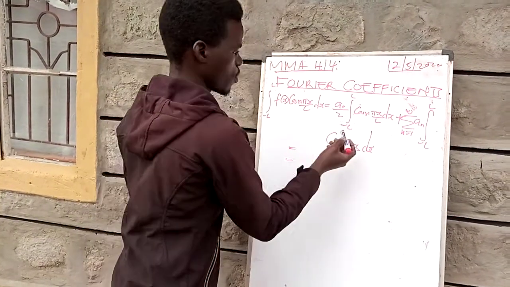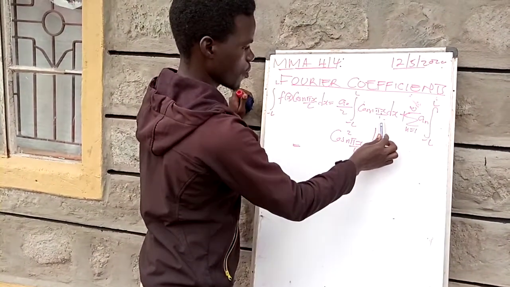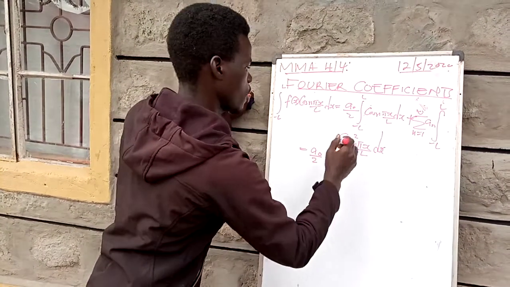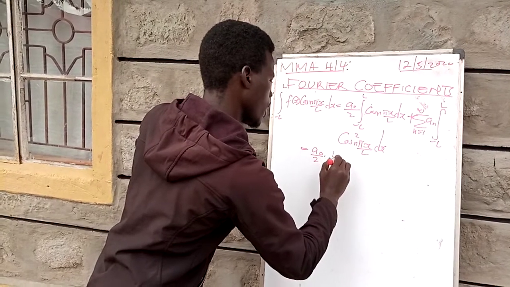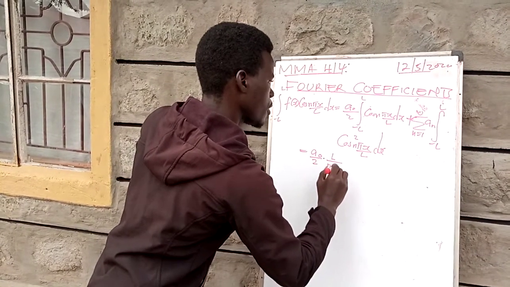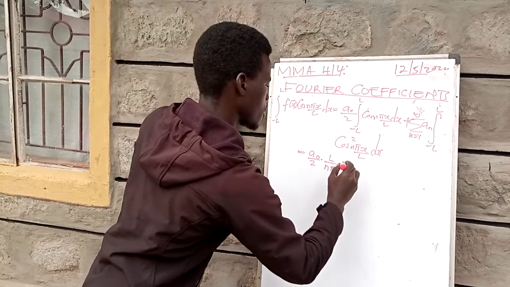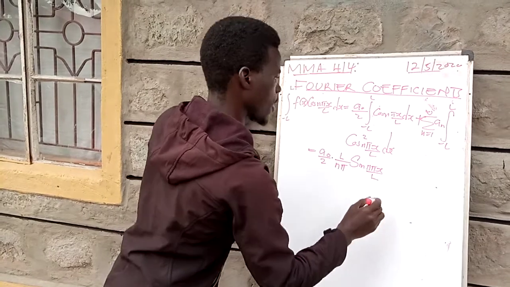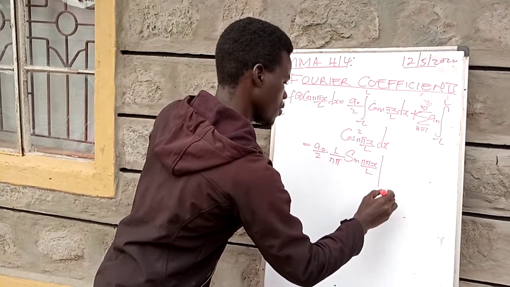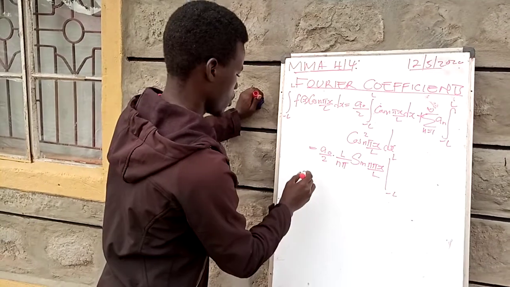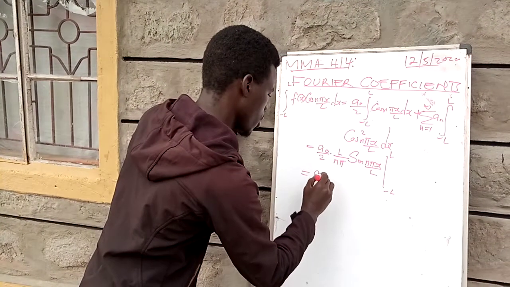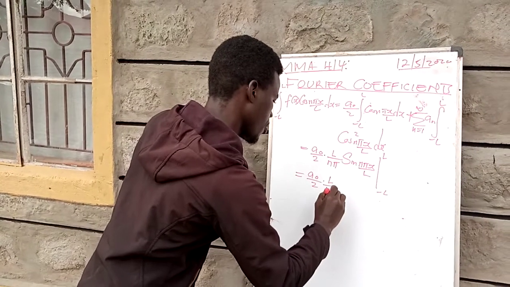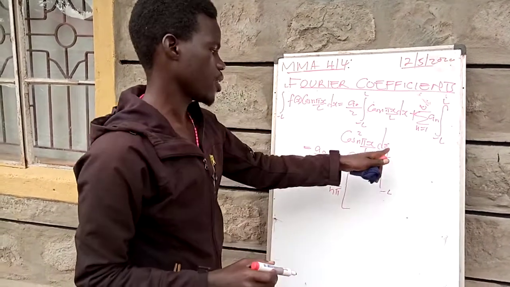So we proceed. If you integrate cos n pi x over L, with the a naught over 2, it will be L over n pi sine of n pi x over L, with limits from negative L to L. So this equals a naught over 2 times L over n pi, and then you key in the limits.